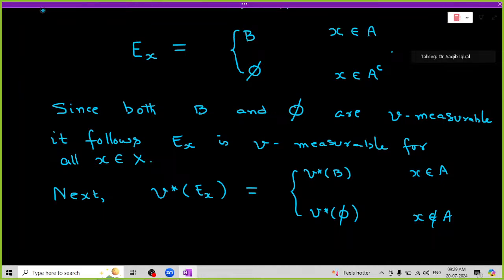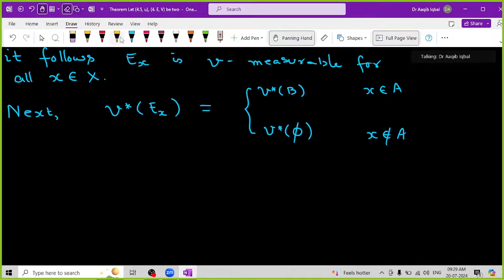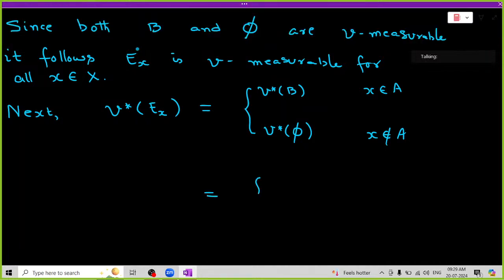Now B is a simmering member, and for simmering members the outer measure and measure are the same.